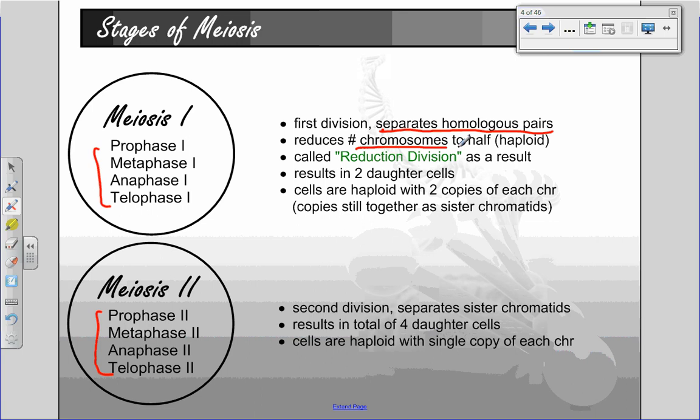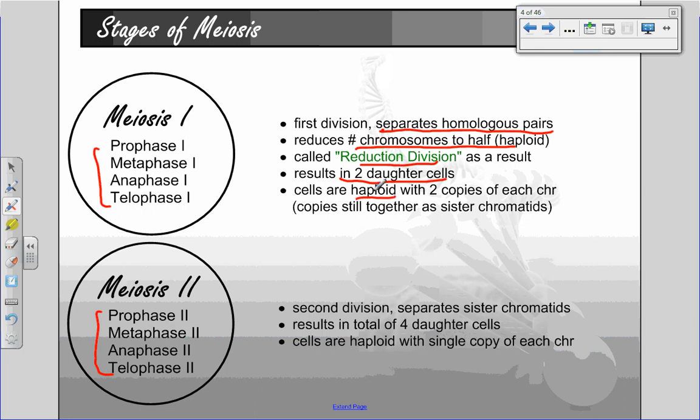This one is often nicknamed the reduction division. Meiosis as a whole is nicknamed the reduction division, but it's this particular one, the first division, that results in reducing the number of chromosomes to half. By the end of this first division, we have two daughter cells that are haploid.